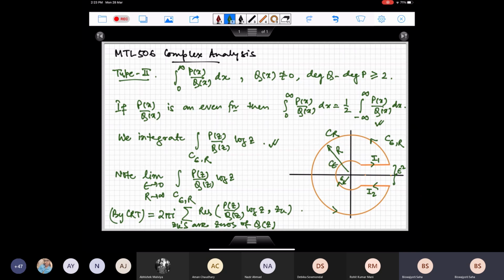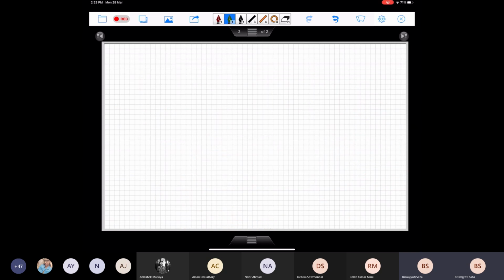Then you have C epsilon, so you have to integrate along C epsilon, and then you have to integrate along I1, I2. So many things are there. So let's do one by one and see what the outcome is going to be. We know what the right hand side is. We are going to interpret the left hand side in several parts, and we will see what its value comes out to be.